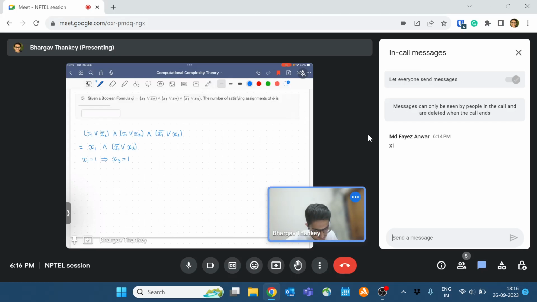Because if we go for distribution, then it will become x1 and the complement of x1, which would be a contradiction, so basically a false value always, and then or x1 and x3. So the false won't matter. So this will result into a simple value x1 or x3. So now we can verify which values will result into the true value here.